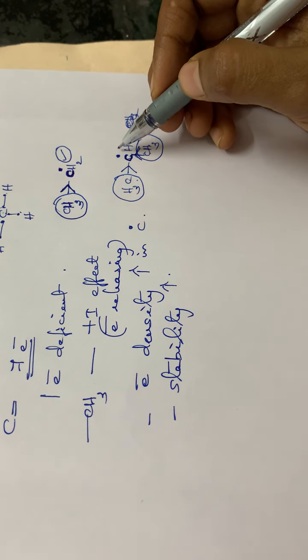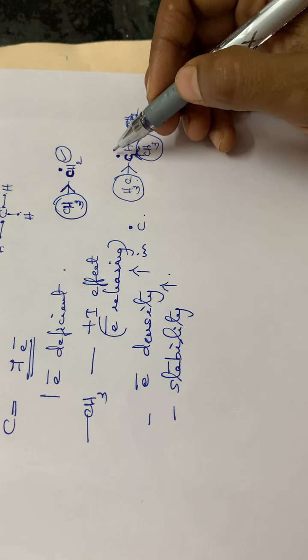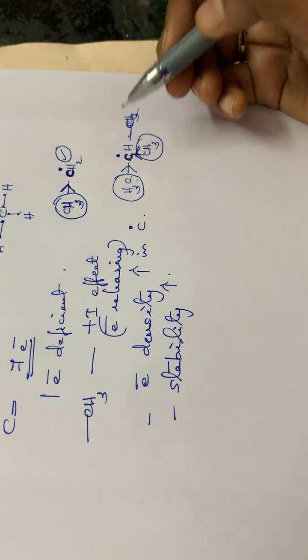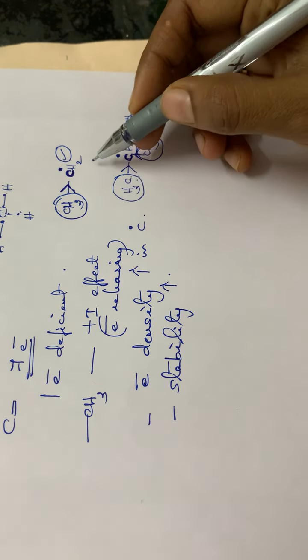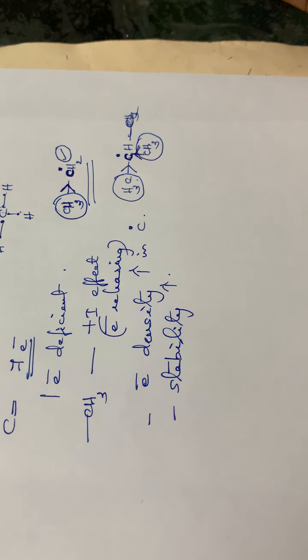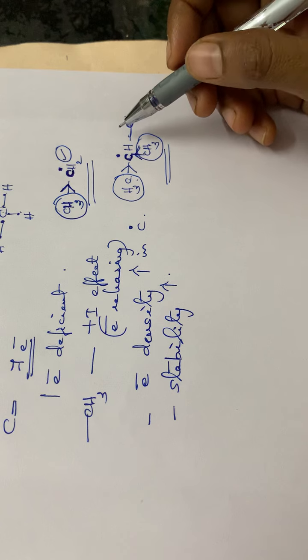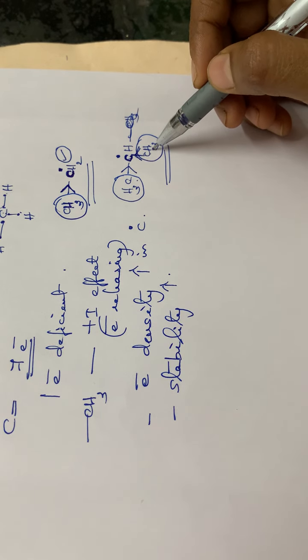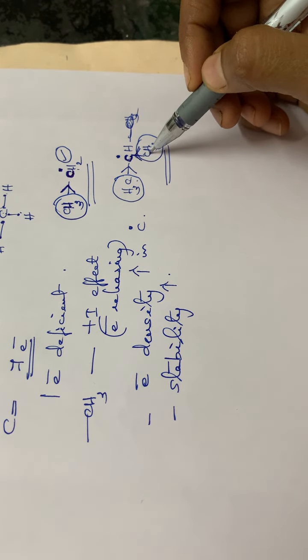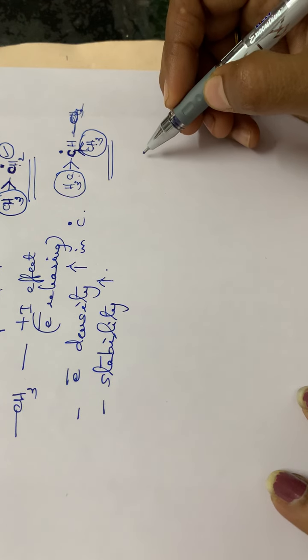That means the stability increases. The explanation is the same as for the ethyl free radical, but for isopropyl there are 2 methyl groups, so the effect is doubled.